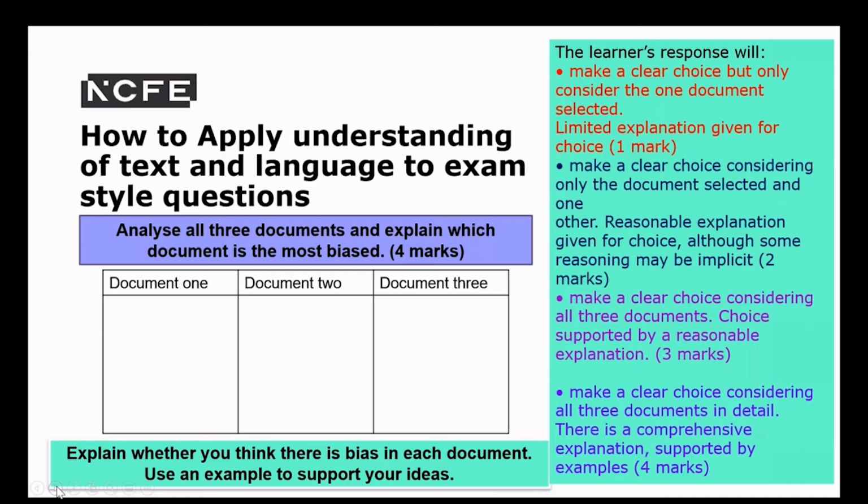If you make a clear choice considering all three documents and the choice is supported by a reasonable explanation, that would give you the 3 marks. And to get the full marks, to get 4 marks, you'd need to make a clear choice considering all three documents in detail, and there is a comprehensive explanation supported by examples. So to get the full marks, you'd be looking at all 3 documents with an explanation and examples.